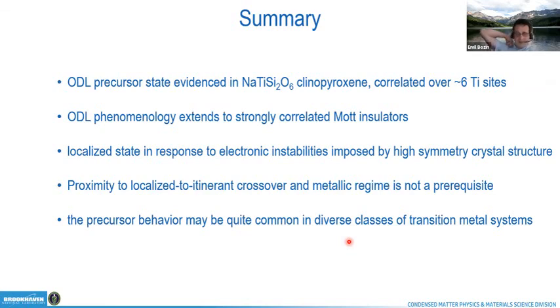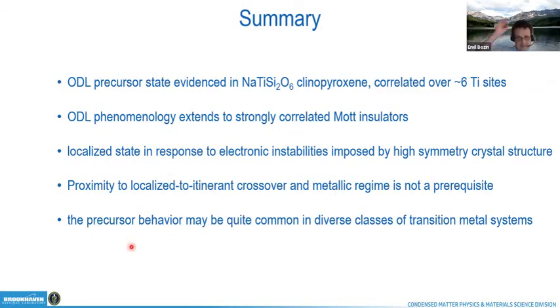This localized state is coming in as a response to electronic instabilities that are imposed by the high symmetry crystal structure. As it turns out, the proximity of a localized to itinerant crossover or metallic regime is not a prerequisite to have this state. They can form in insulating systems as well, which might not be a surprise, but anyways.